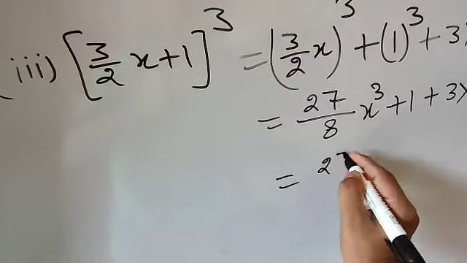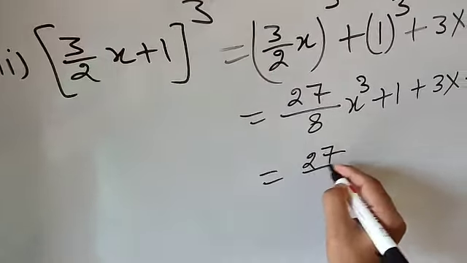So it can be written as 27 upon 8 x cube plus 1, plus 3 times 9 is 27 upon 4 x square, plus 3 times 3 is 9 upon 2 x. So that is the expanded form.